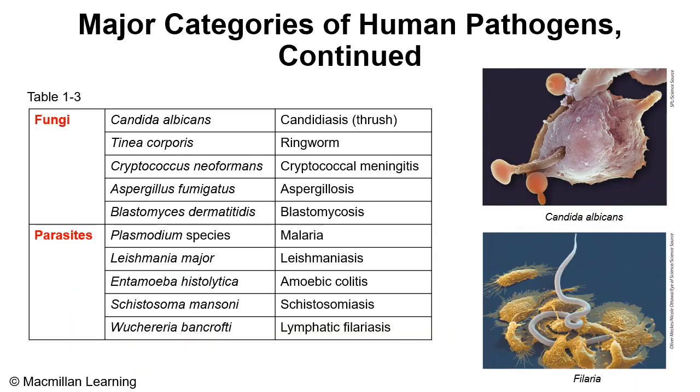Then you have fungi. Candida albicans is very common in young babies who are breastfeeding, who develop thrush on the tongue. So Candida albicans is really the cause for that. And you have other types of fungi that cause very common diseases like ringworm.